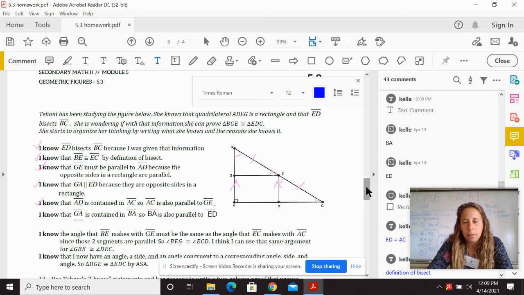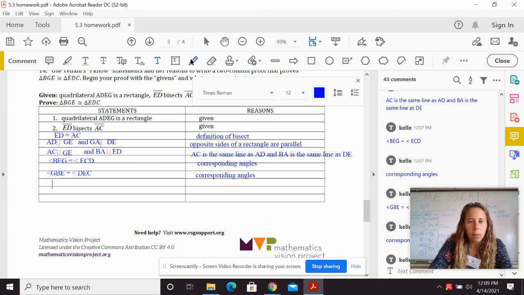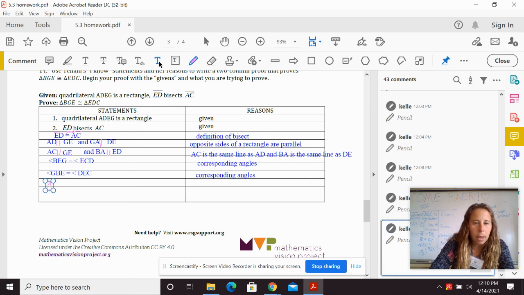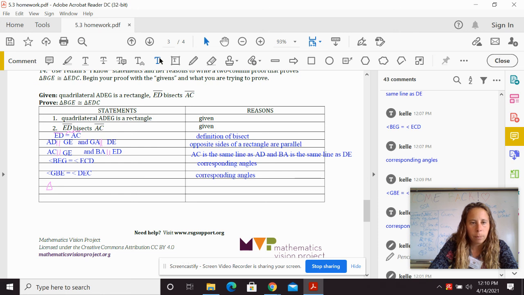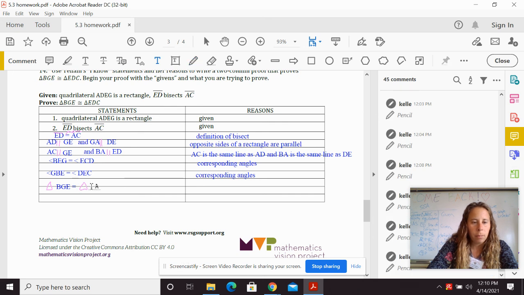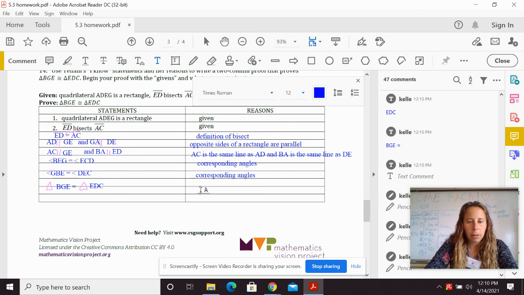So triangle BGE is in fact congruent to triangle BDC, and that is by angle, side, angle. And you're done with the proof.